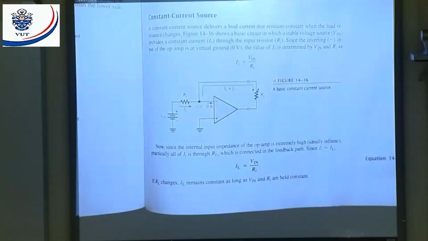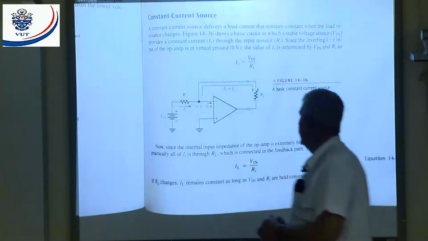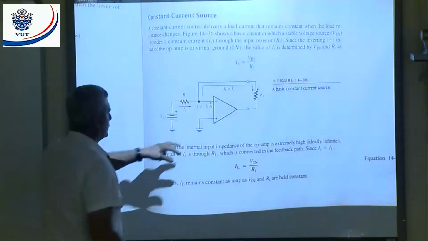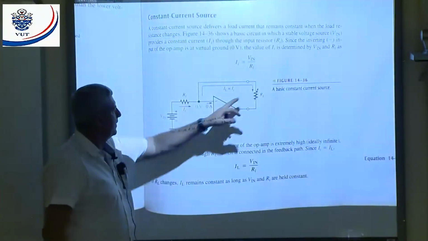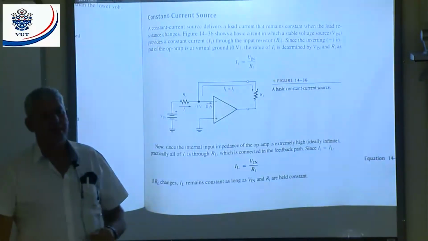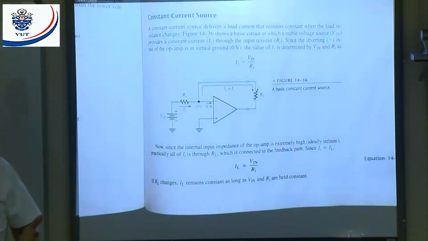That means if I vary my load, that current is going to stay constant, up to a certain stage. If you made your load resistance very high, the op-amp, if it had infinite supply voltage, then it will work. But it can only do it in a certain area.